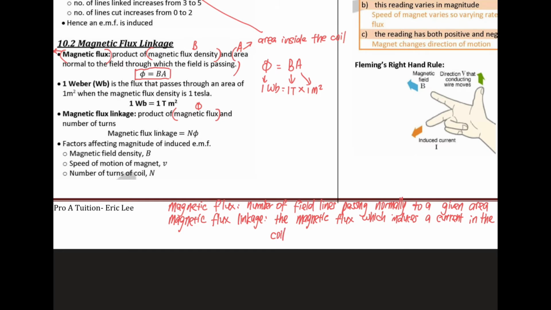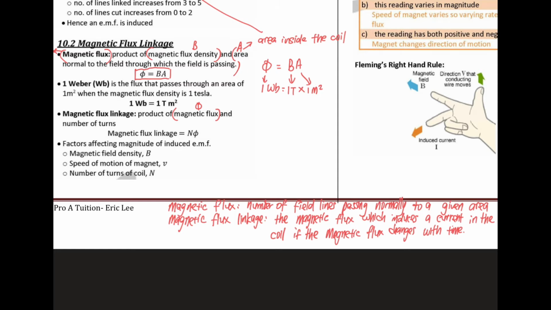Of course you want to induce current, so if the magnetic flux changes with time, you have to keep moving the magnet, then the number of lines passing through a given area keeps changing, then current is induced. This is called magnetic flux linkage.